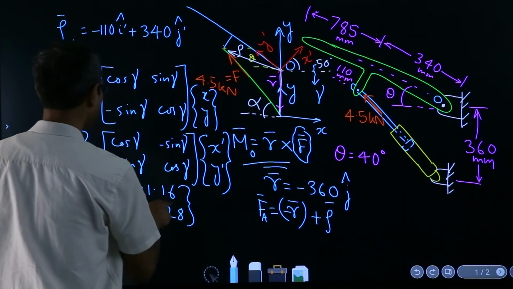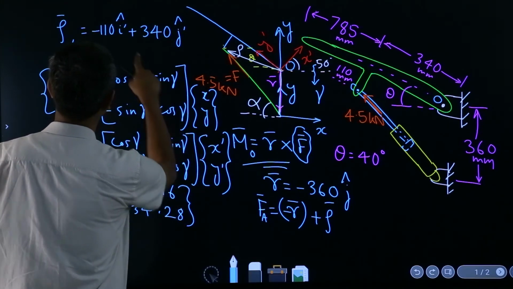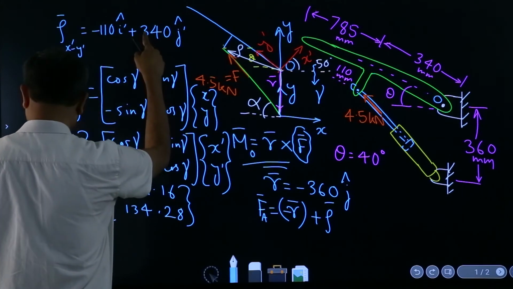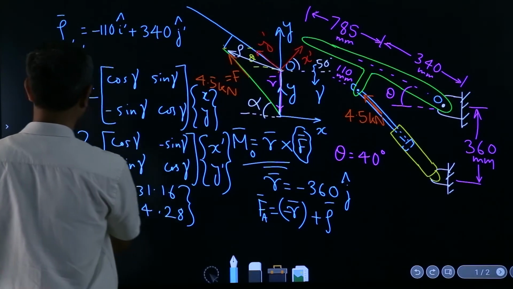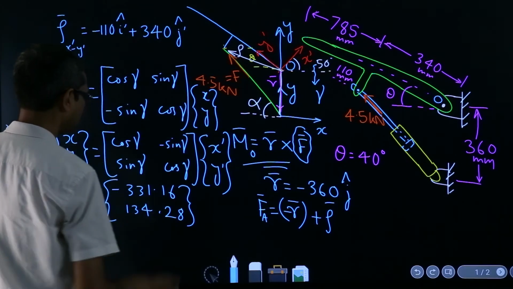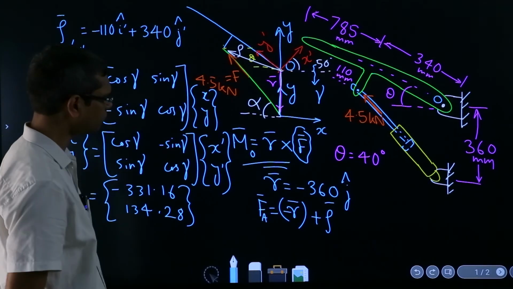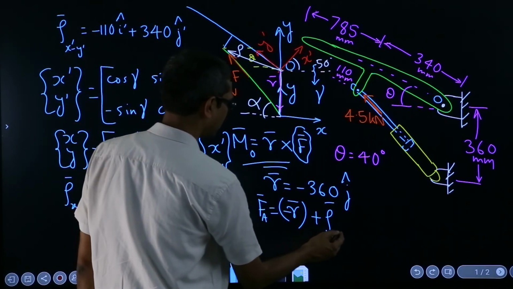This has been calculated just by substituting x prime y prime to be minus 110 and 340, and gamma to be 50. So you calculated xy, and this x is this, y is this. Once you calculated that, now it's very easy, right?